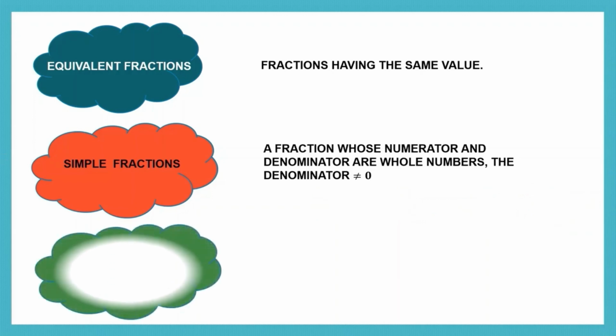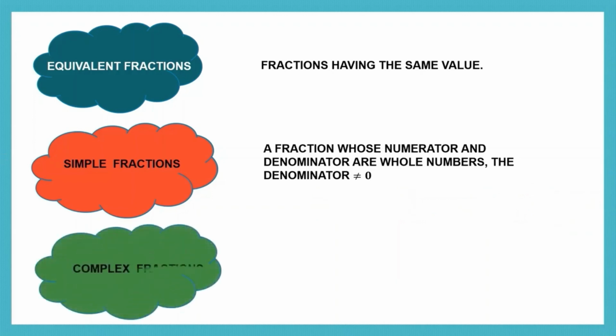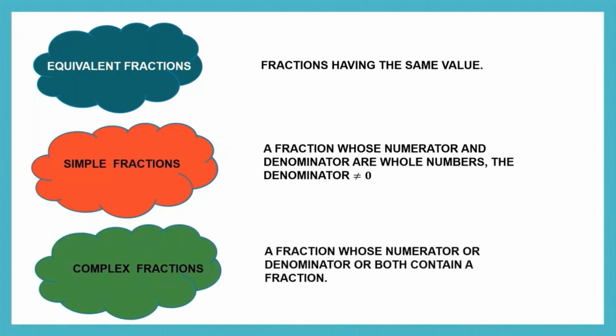The next one is a complex fraction. What are complex fractions? A fraction whose numerator or denominator or both contain a fraction. Now suppose I write 3 by 4. This is a simple fraction, isn't it?